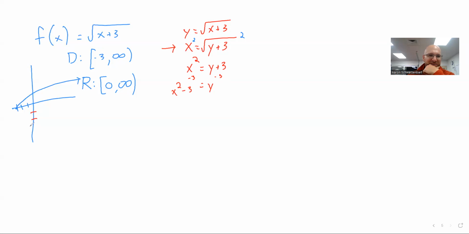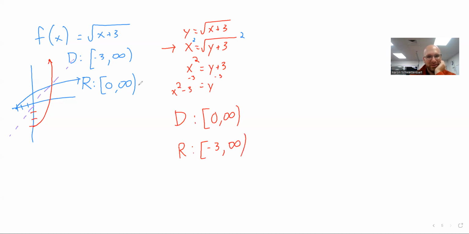So that graph, x squared minus 3 equals y, is going to look like a parabola. But that wouldn't look like a reflection over y equals x if I had the whole thing. One of the important characteristics of inverses is we switch domain and range. So the domain from my original blue function becomes my new range, and the range becomes my new domain. So swap those two.